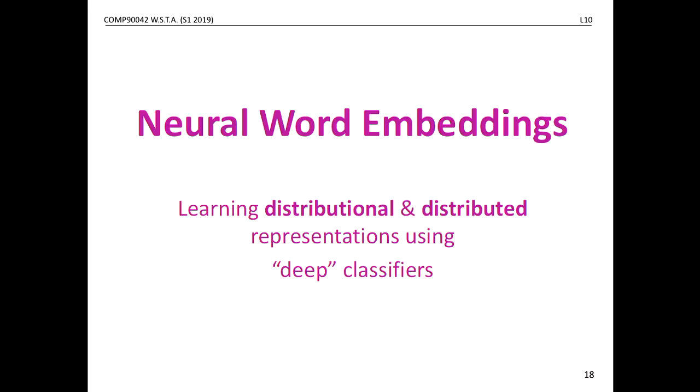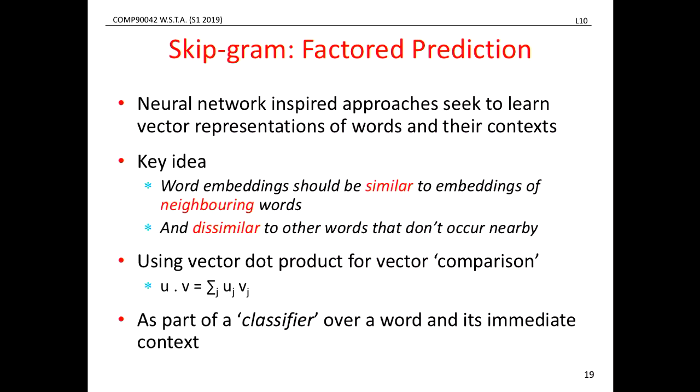This is often called deep learning, neural networks, various other names. The models we'll talk about are from Google's Word2Vec. They have two models, the skipgram model and the CBOW model, and I'll talk primarily about the skipgram model.